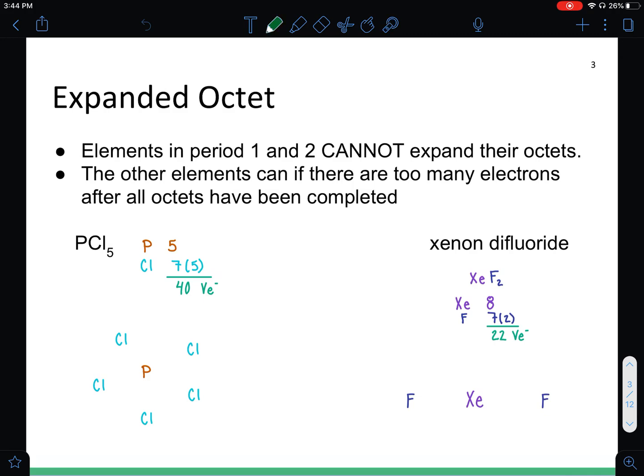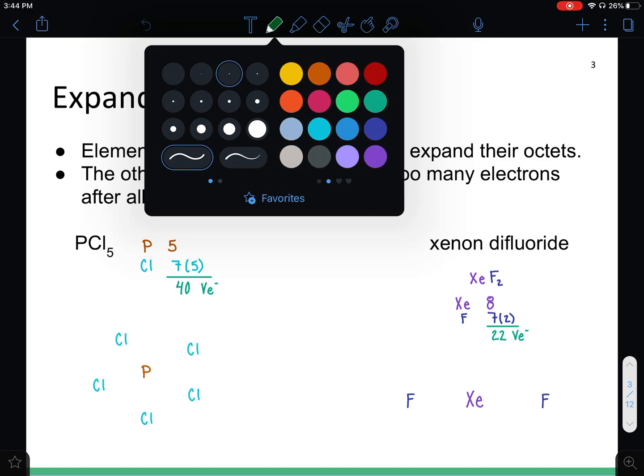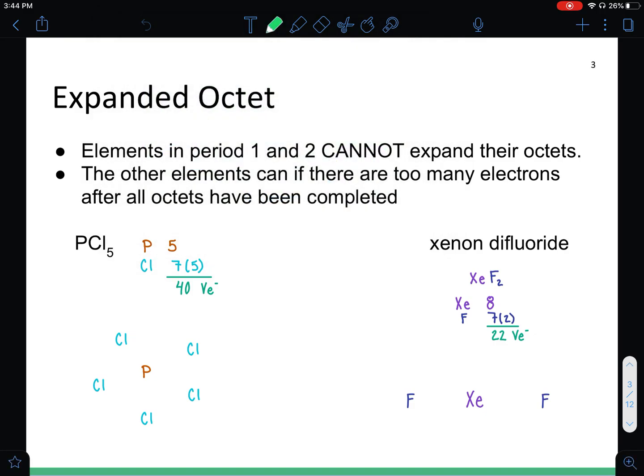Now we'll first start using those valence electrons by connecting the central atom to the outside atoms with a bond. Recall that each bond formed has 2 electrons. 2, 4, 6, 8, 10.